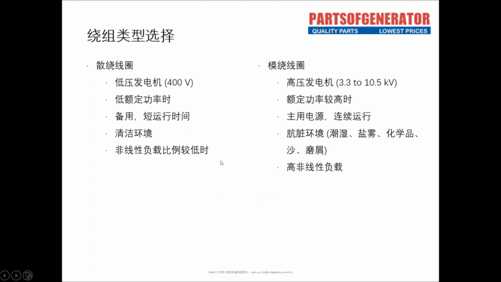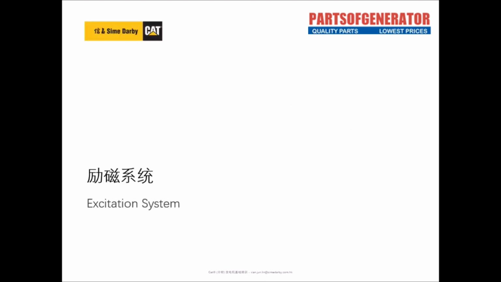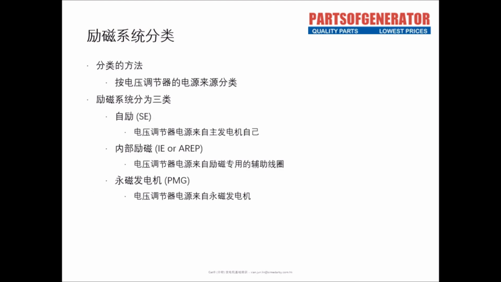We try to use mold wound coils in these situations. In addition, in the case of high nonlinear loads. In short, when we choose the winding type of the generator, we should choose it according to the conditions mentioned on this page.